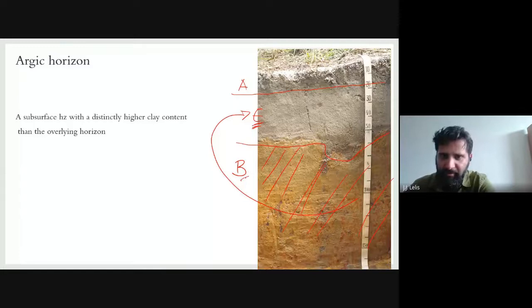So this B horizon presents darker colors, a redder color, and probably a higher content of clay. It's a clay-rich horizon in comparison with the overlying horizon, in this case the E horizon, okay?